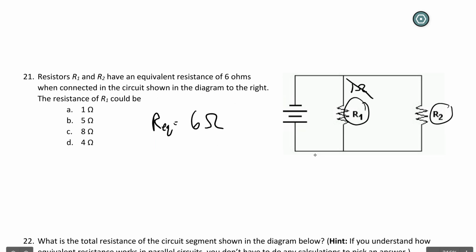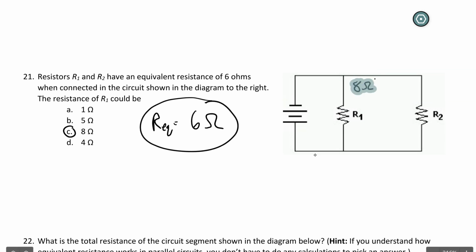It can't be 5, it can't be 4. This could be 8 ohms because the equivalent resistance is less than that. So the correct answer is 8, just from the fact that you don't have to solve for it at all. You can't solve for it. There's not enough information. It's a concept problem. You had to remember that the equivalent resistance is always less than the smallest resistor.